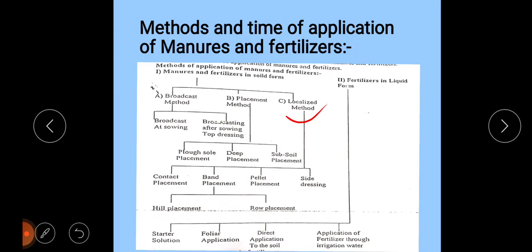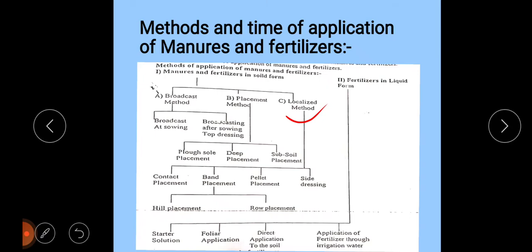Urea super granules are large-size granules or pellets useful to place in rice or paddy fields to avoid leaching losses and volatilization of nitrogen. So pellet placement is useful. Then side dressing means in fruit crops and vegetable crops we place the fertilizers in the furrow of that particular planting system. These are the solid form placement methods of fertilizers and manure.